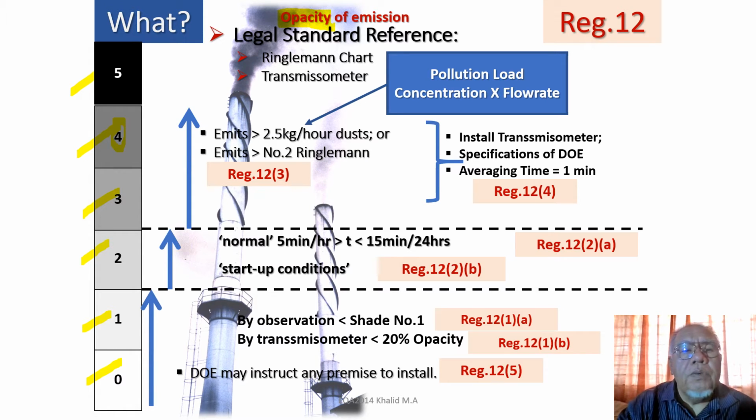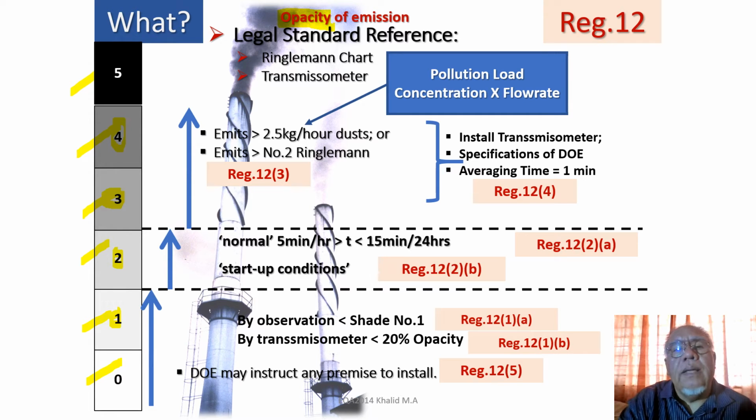Begitulah juga maksud number 3, dia lebih menjernih, boleh sebut macam tu. Menjernih is getting lighter and lighter. Number 2. Number 1 is lightest, and 0 of course no emission. Itu bukan no emission, maksud no emission of color ataupun what sort or whatever color yang keluar. It is totally allowable. Now, what does Regulation 12 say?